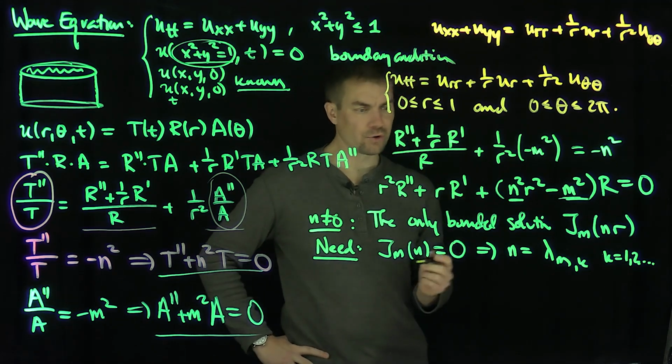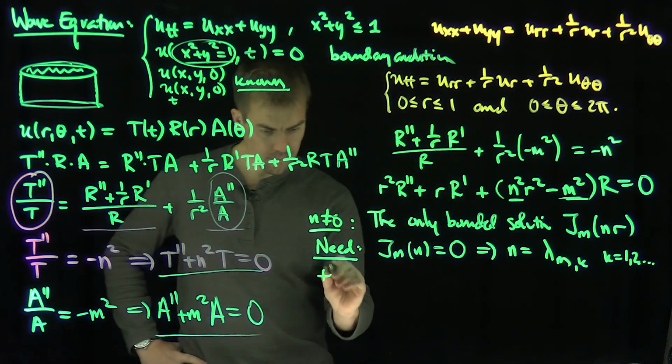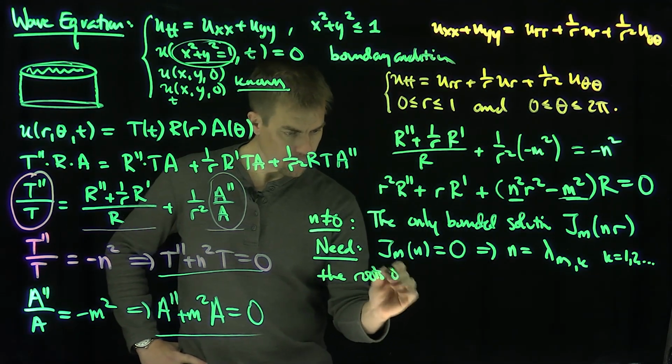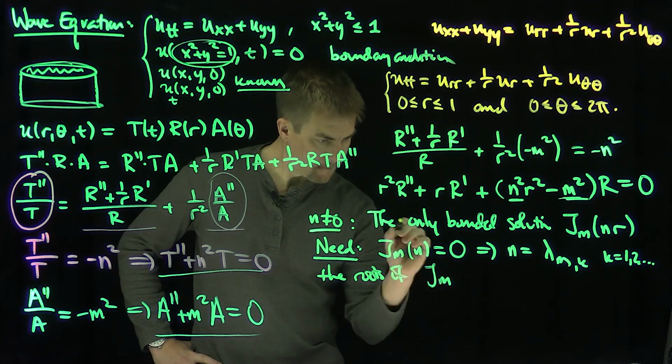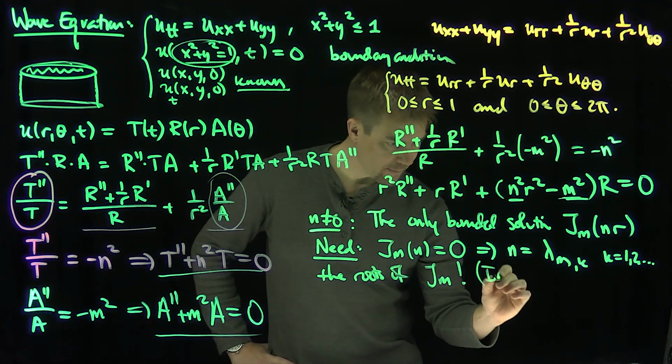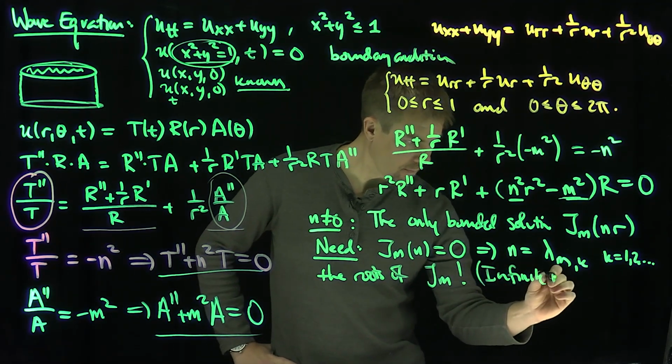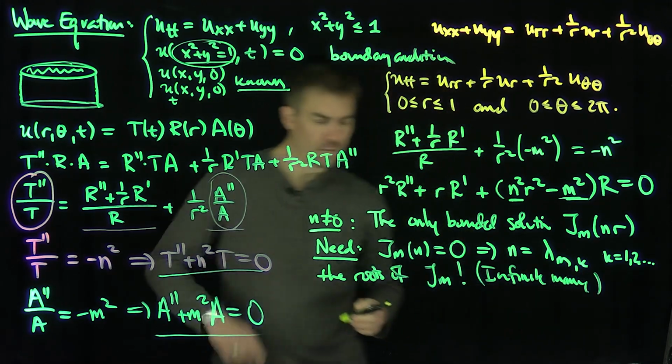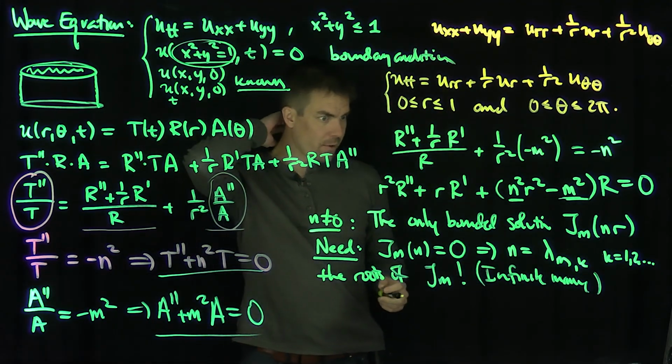Those are the roots of Jm, and we know there are infinitely many of them. Okay? So now we're in great shape because I know that those have to correspond.